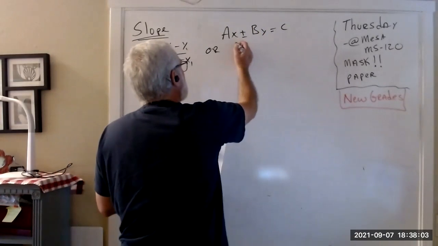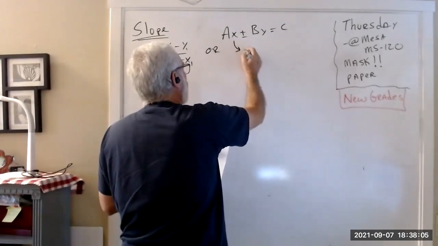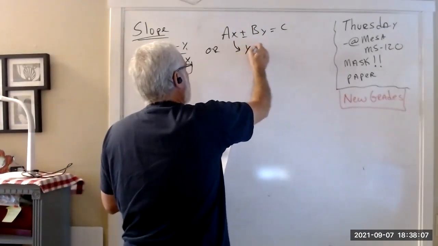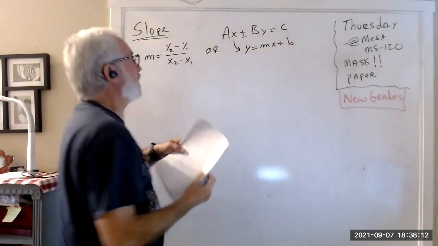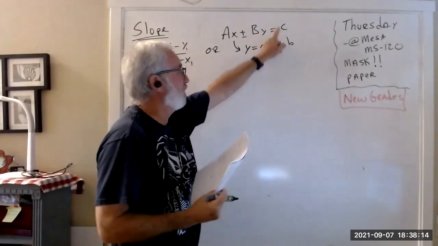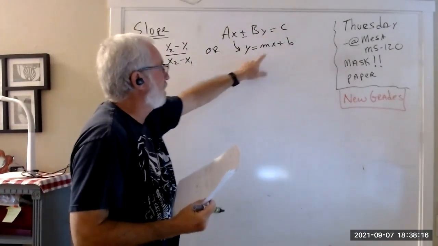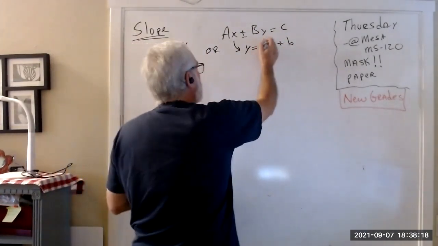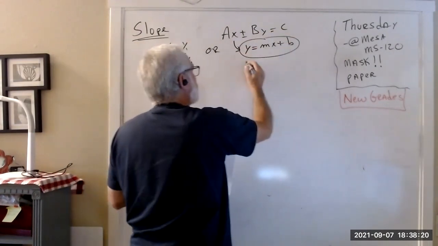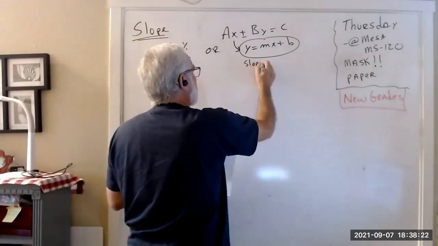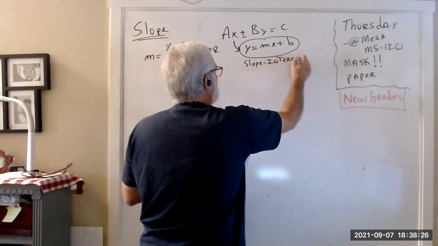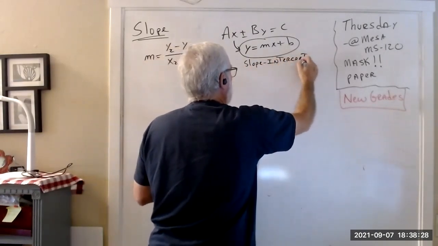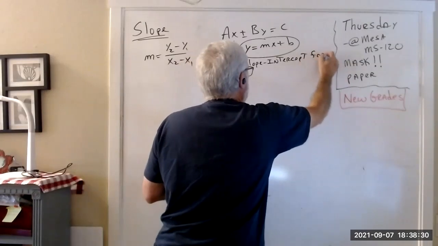You need to get used to that kind of stuff. If you can take this equation and solve for y, in other words, move x to the other side and get y alone, you get this. This equation is known as slope-intercept form.